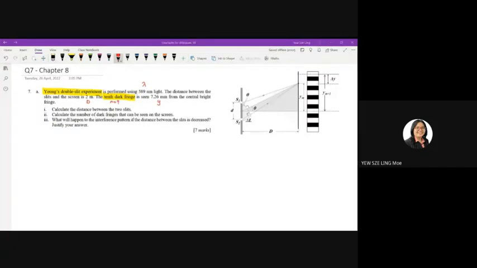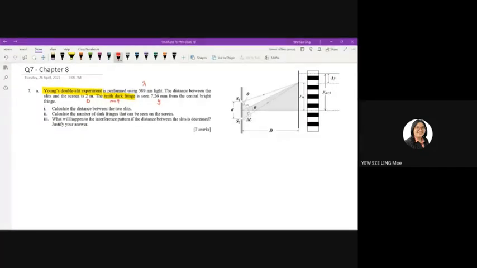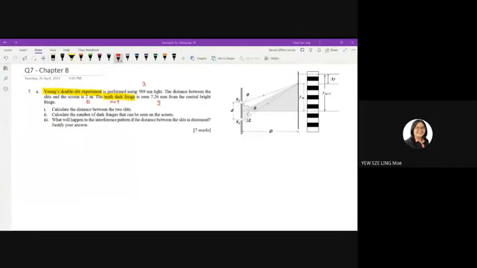So your m is equal to 9 based on the statement tenth dark fringe. That's why it's very important to identify whether you are looking at interference or diffraction. In diffraction, the tenth dark fringe represents the 10th order. In interference, the tenth dark fringe represents the 9th order.